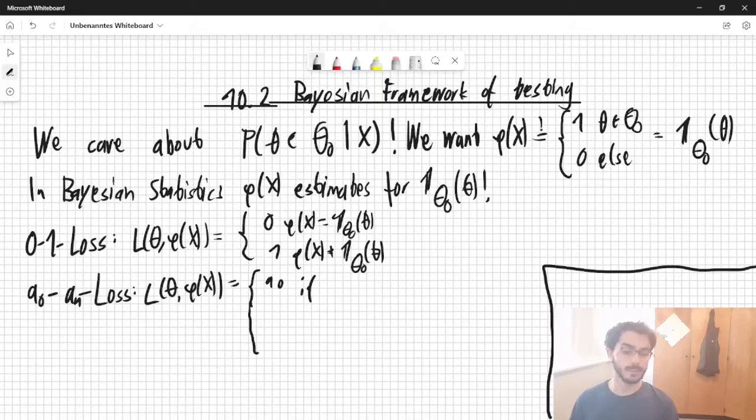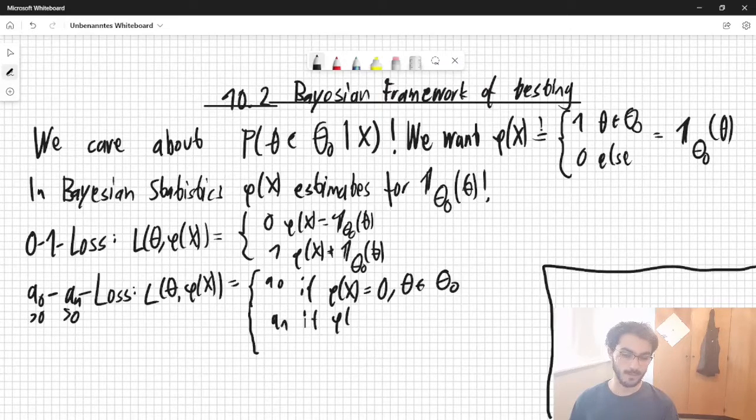If type 1 error happens, so if phi of x is equal to 0, even though h0 is true, so if theta is in theta 0, we say it's A1, these are positive numbers, it's equal to A1.